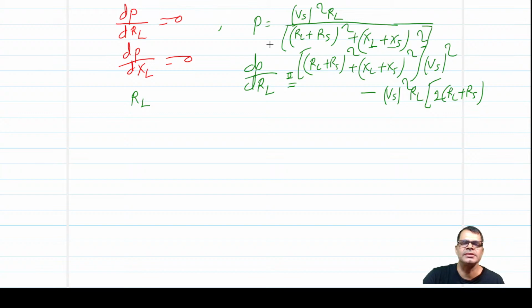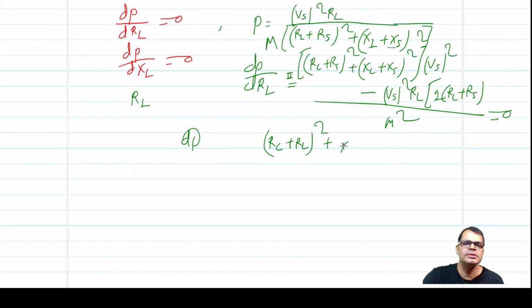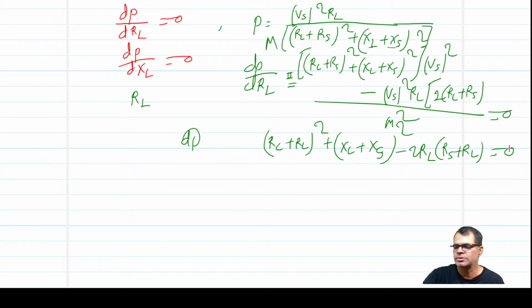Let's say I designate the denominator as M square, and when you equate to 0, the Vs square cancels, so you have (Rs plus RL) square plus (XL plus Xs) square minus 2 RL into (Rs plus RL) equal to 0, right. So we need to find the RL.